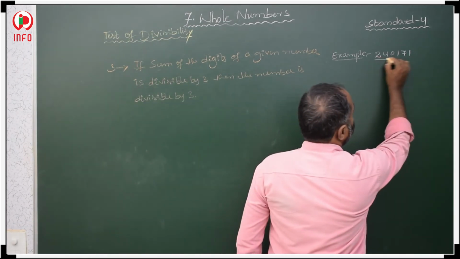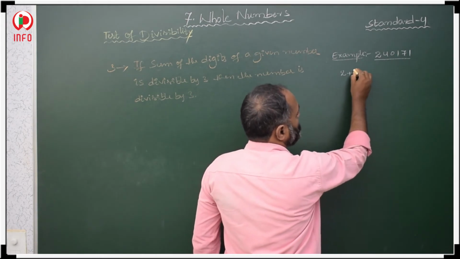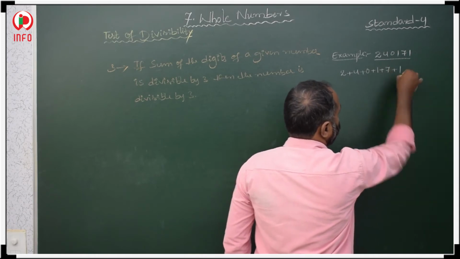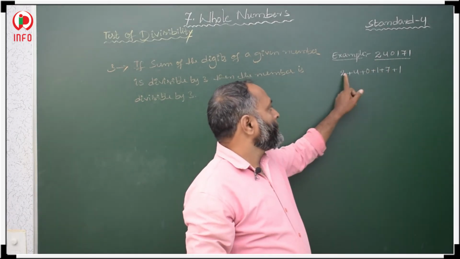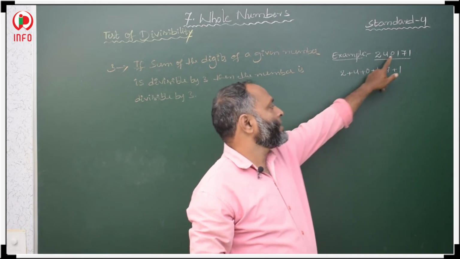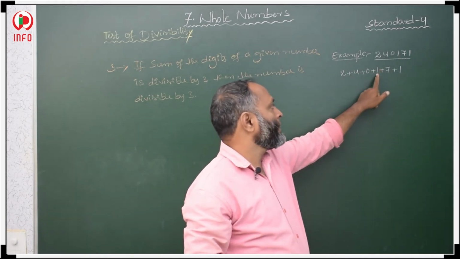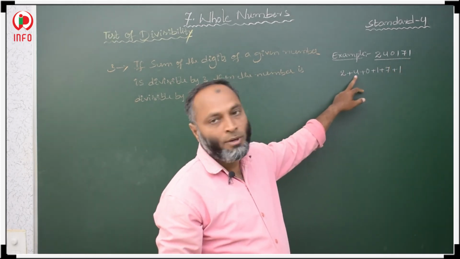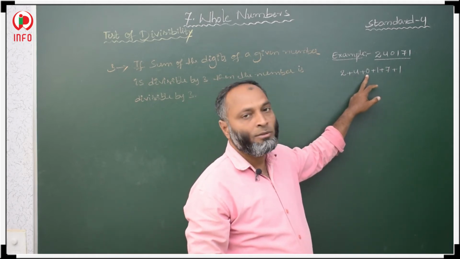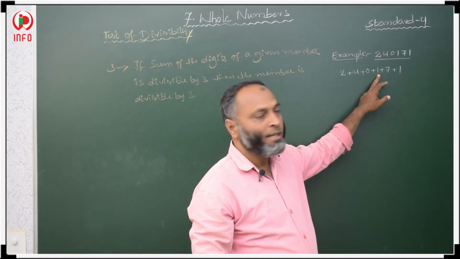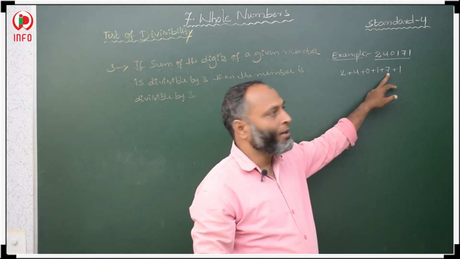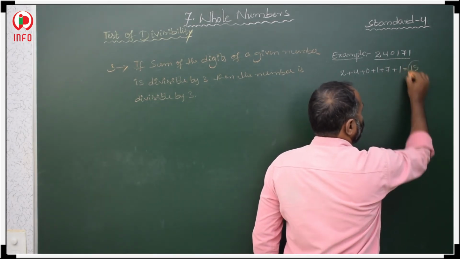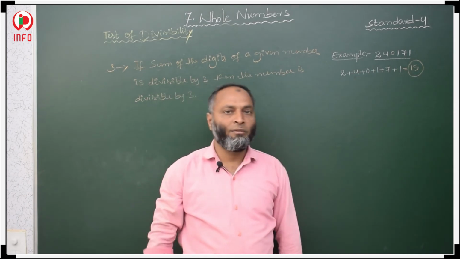First we add all these digits: 2 plus 4 plus 0 plus 1 plus 7 plus 1. 2 plus 4 is 6, 6 plus 0 is 6, 6 plus 1 is 7, 7 plus 7 is 14, 14 plus 1 is 15. So the sum is 15.